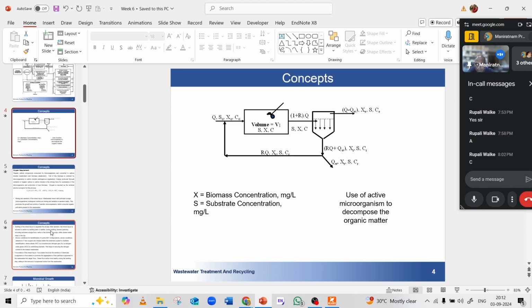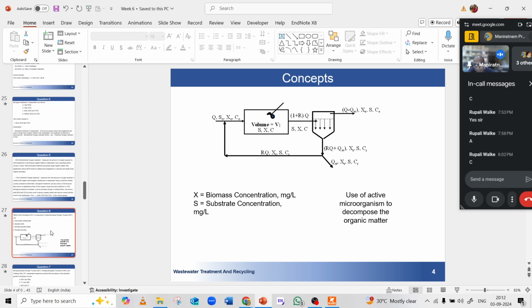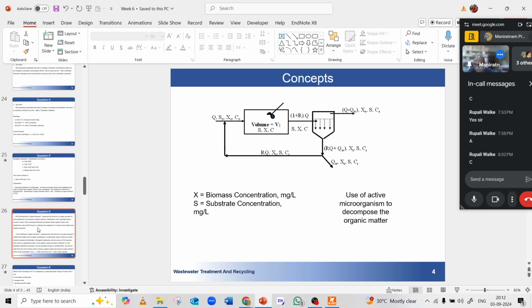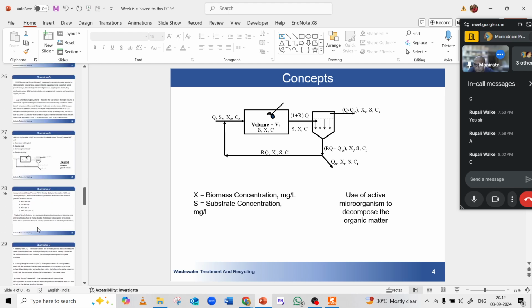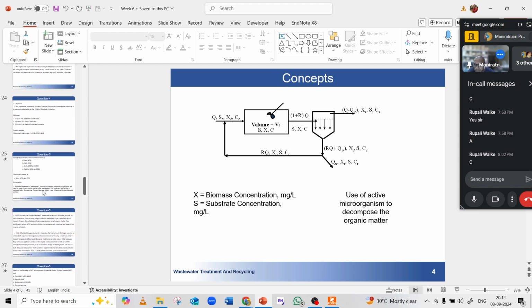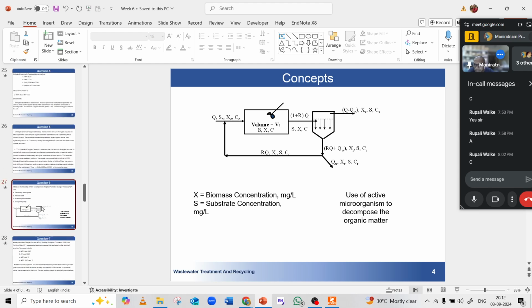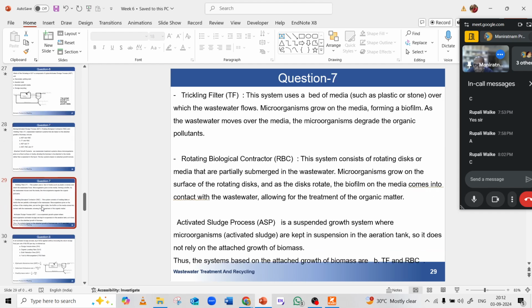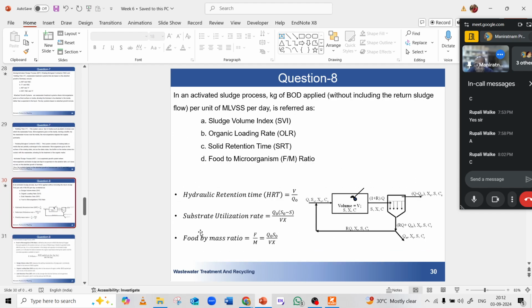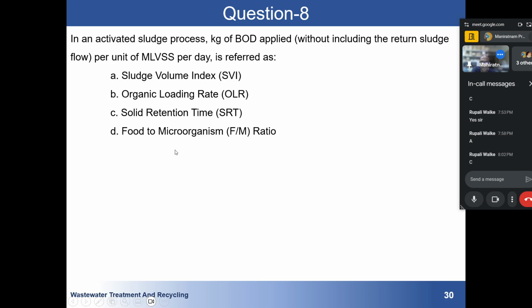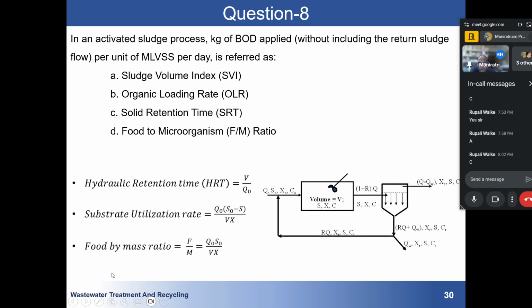Biomass means this organic matter. So this is known as the substrate utilization rate. You can just simply imagine, and you don't have to mug up those formulas.